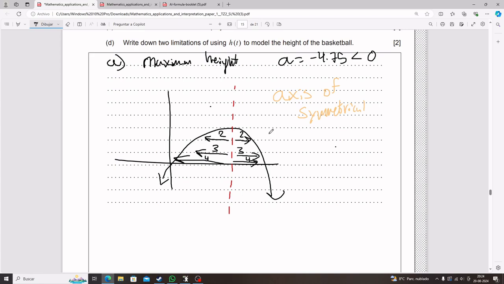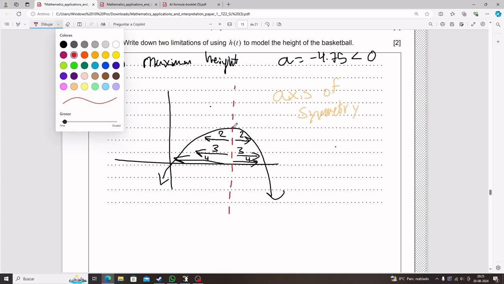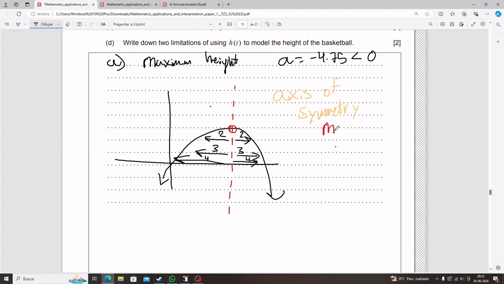And the awesome thing about this, or why I'm mentioning it in the first place, is that the axis of symmetry has to run through the max or min. Right now I'm talking about the axis of symmetry. The other thing you might have heard of in class is that it's the vertex.